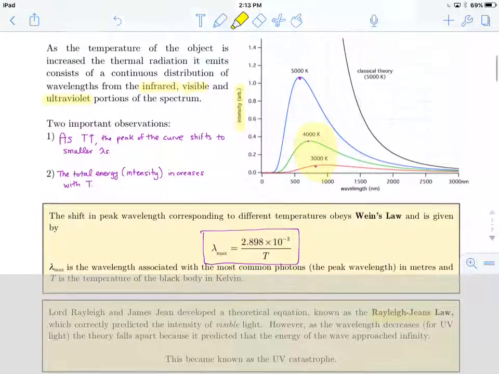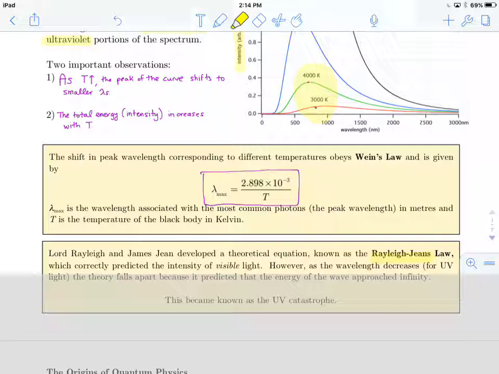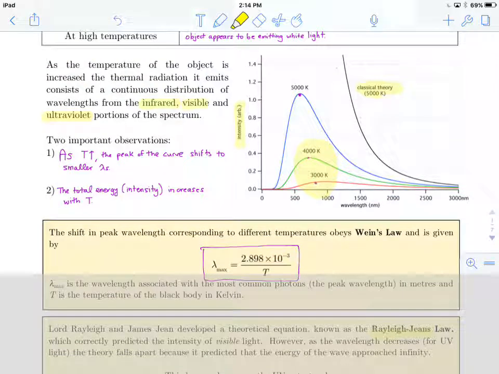However, what they noticed was that as soon as they started getting really high temperatures, as the temperature went up and the peak wavelength went to smaller and smaller values, into the UV range, the theory fell apart, because classical theory predicted this curve right here at, say, 5,000 Kelvin, but what they actually saw was this curve here at 5,000 Kelvin.